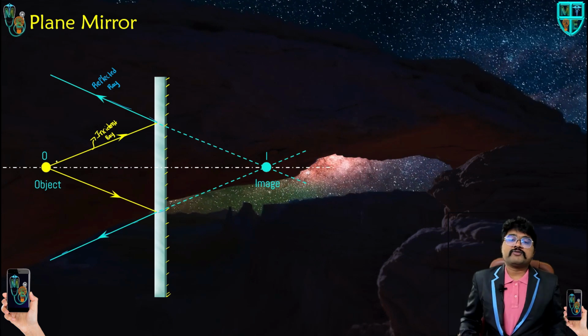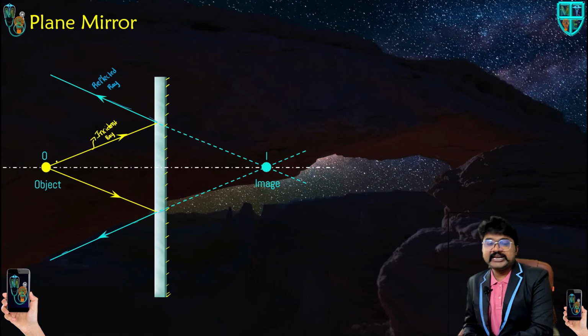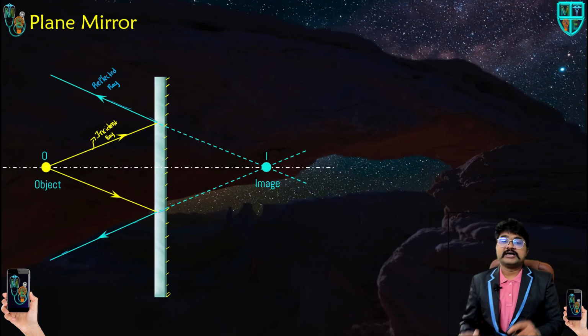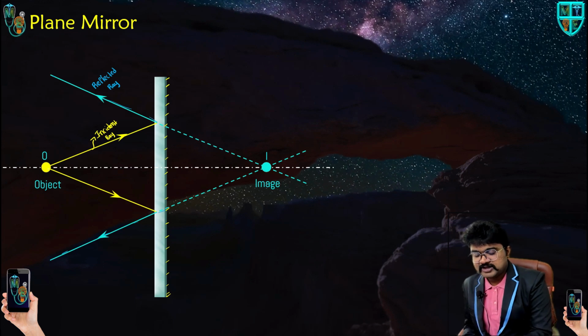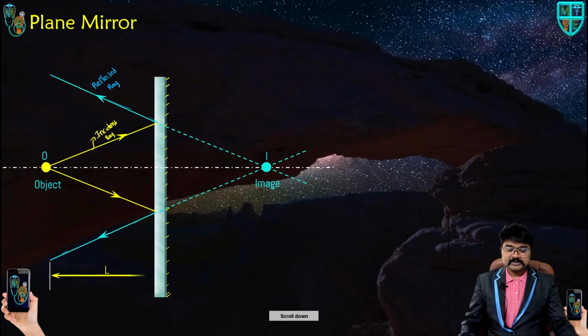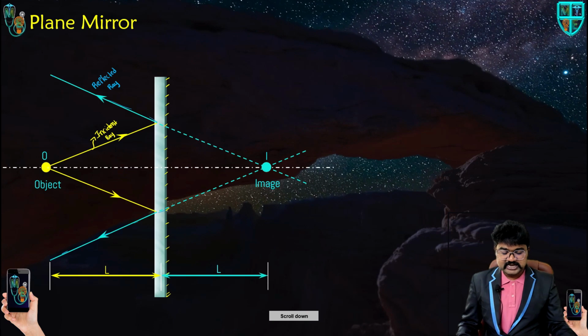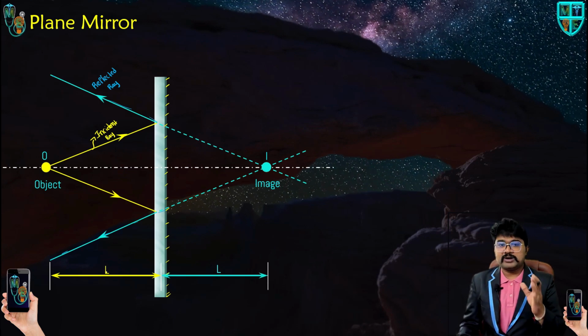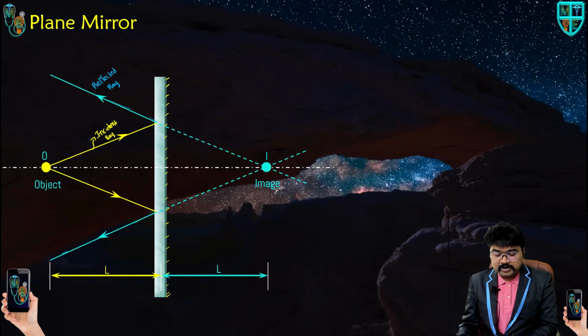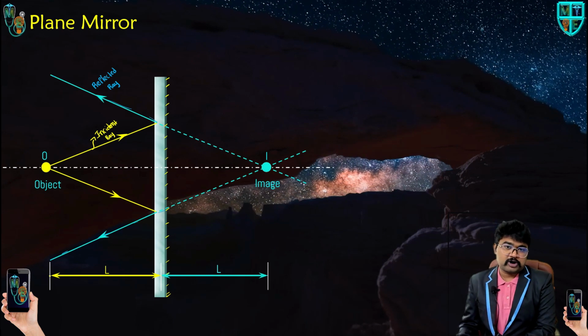The point of intersection of the incident rays is marked as the object. See here, distance L, both will be the same. L is the perpendicular distance measured from the mirror up to the object.